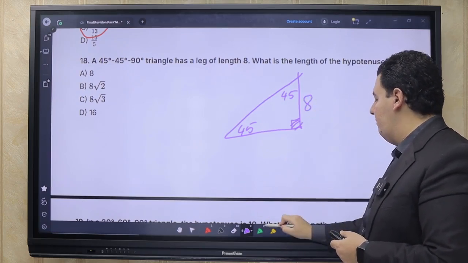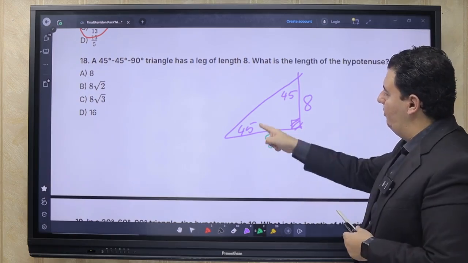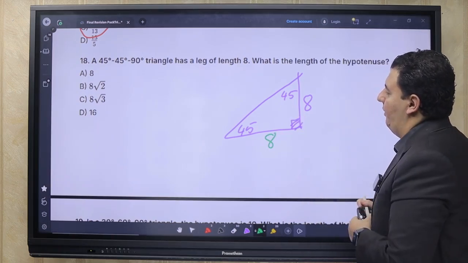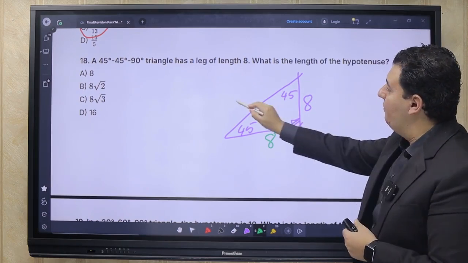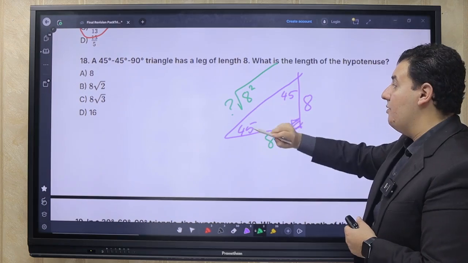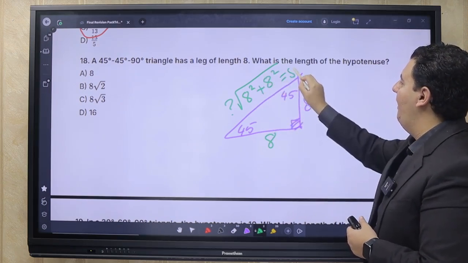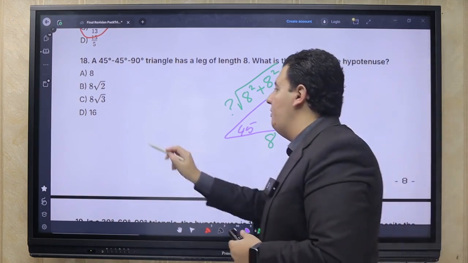This is 8, and this is also 8 because these two legs are equal according to these two angles in this triangle. So how can we find the length of the hypotenuse? We are going to make square root of 8 squared plus 8 squared. So it will be 8 square root 2, which is letter B.